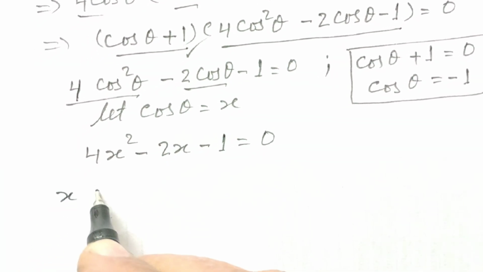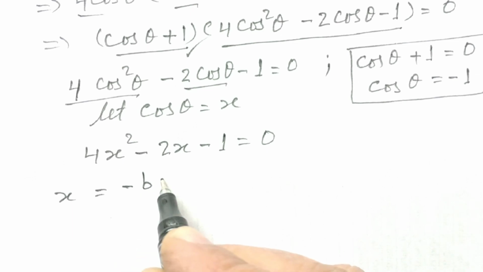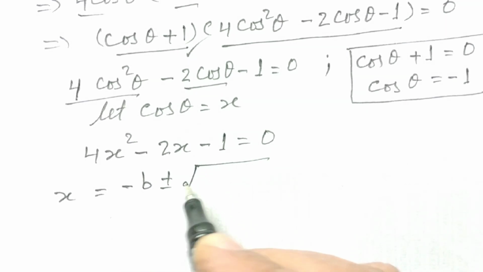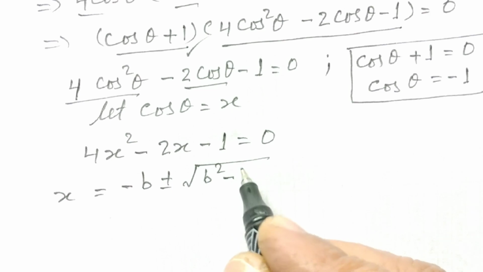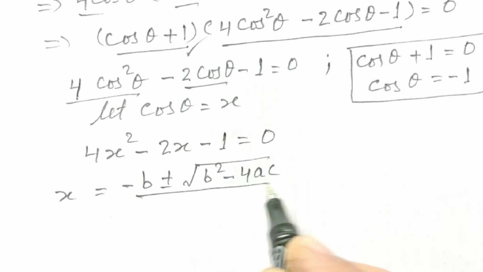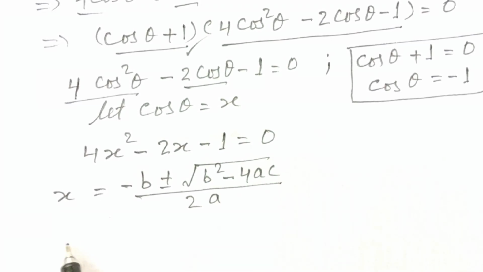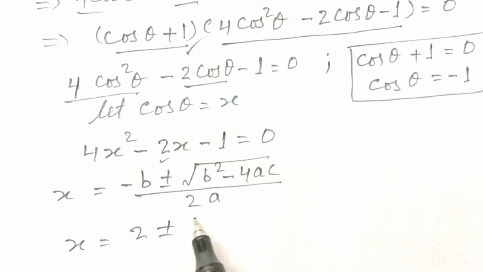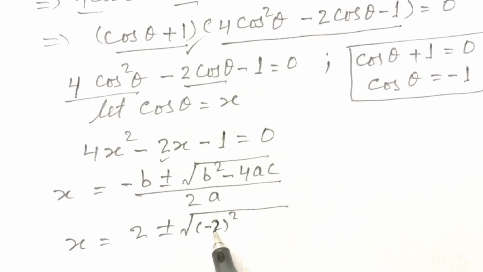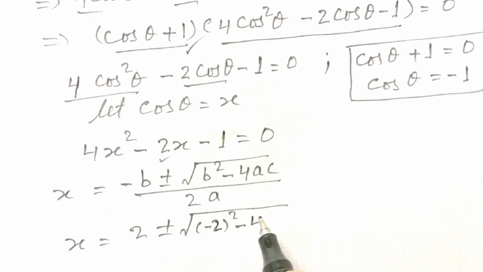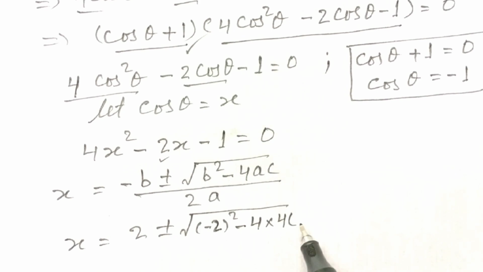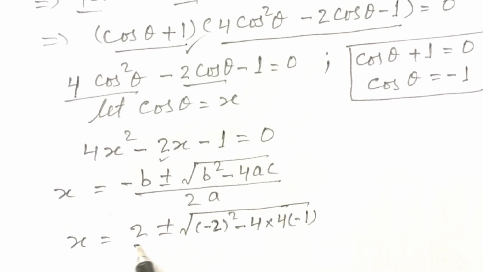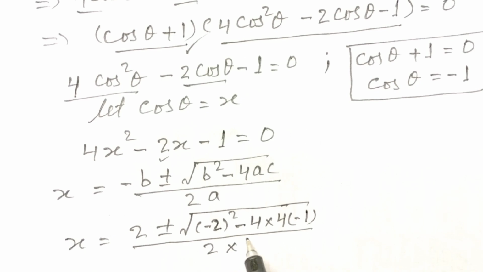So x will be equal to minus b plus minus square root of b square minus 4ac over 2a. Fine. So x is equal to 2 plus minus square root of minus 2 square minus 4 into 4 into minus 1, over 2 into 4.